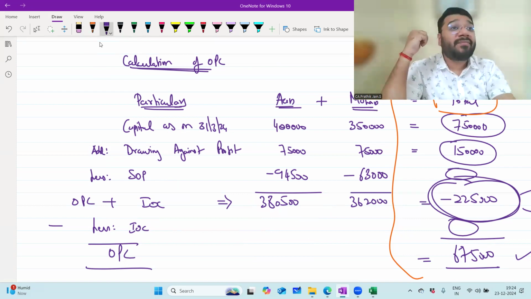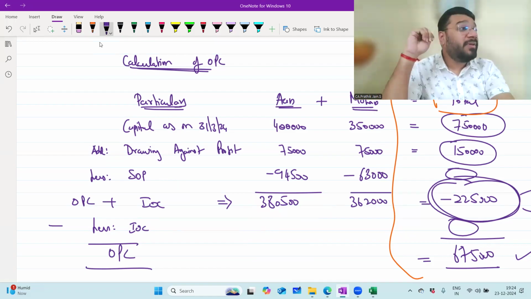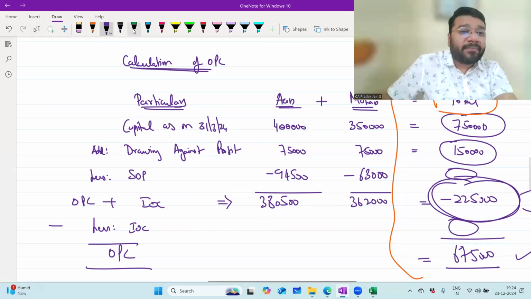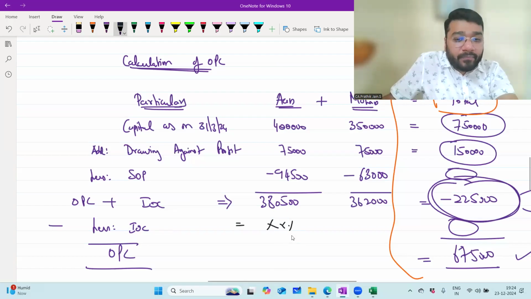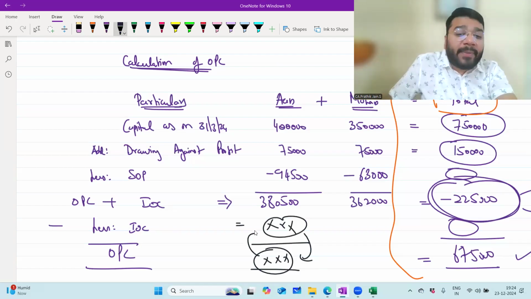We got the same scenario here. This 3,80,500, from this if I minus IOC, I get OPC. To calculate IOC, I've depended on OPC, and to calculate the opening capital, I've depended on IOC. We're stuck in a vicious circle.